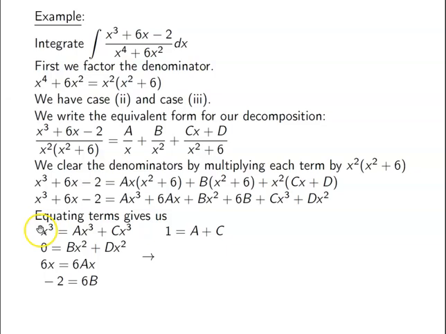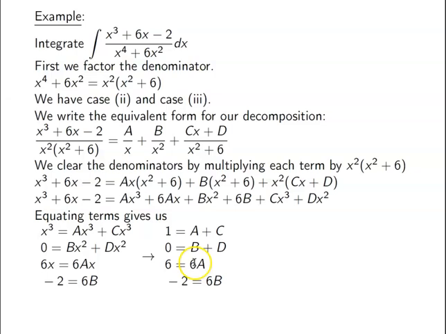Same thing. One of these is equal to A plus C of these. They're all the same thing. So I'm just trying to find out the values. I don't need the variables. Same thing here. B plus D is going to equal 0. Here, I don't need the x's. 6 is 6a. And here, -2 is 6b. There's no x's already, so I don't have to worry about that.